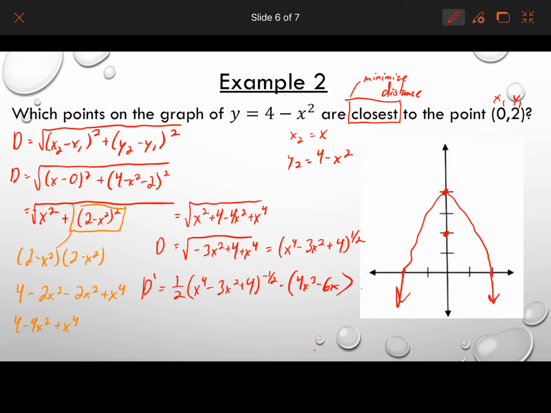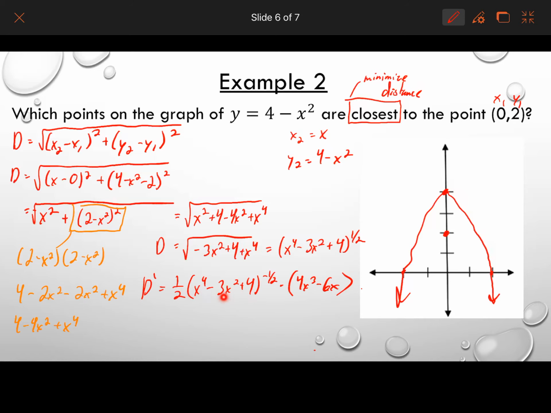So remember, we're trying to find when this is equal to 0. So the only quantity that we actually care about, this one actually can never equal 0.